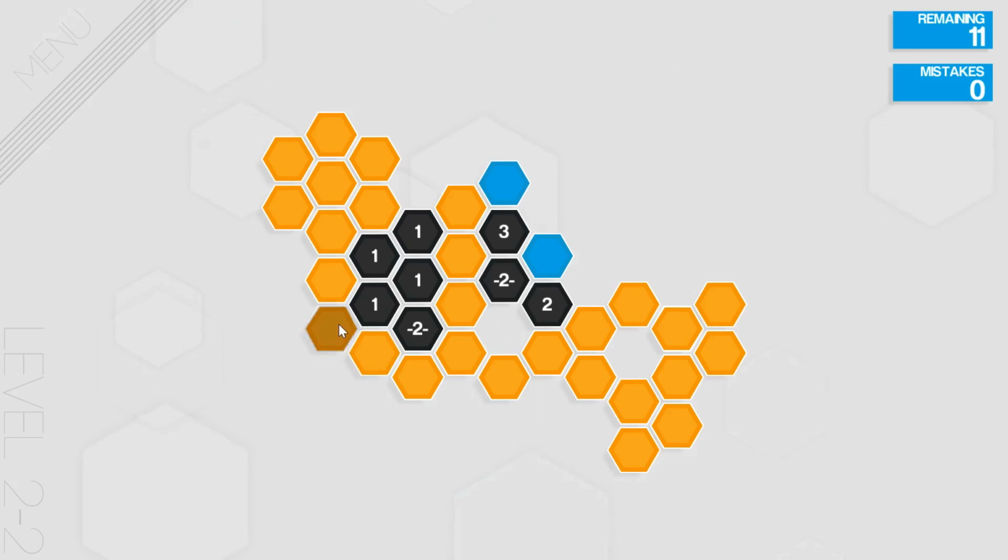I can tell you that of these 3, one of them is in, and then let's see. Of these 3, one of them's in. That's 2 we know of. There's 1 here we know of. At least that's 3. There's 1 here. That's 4.